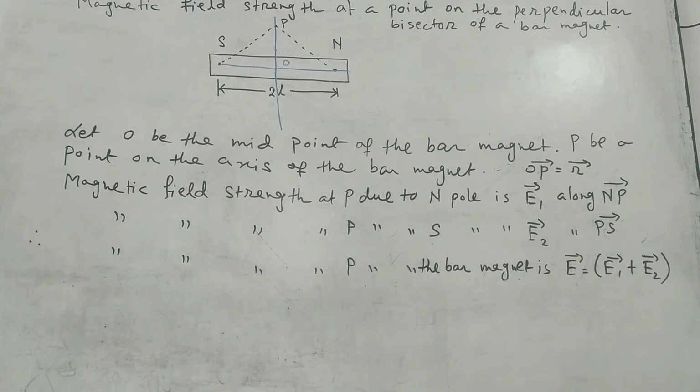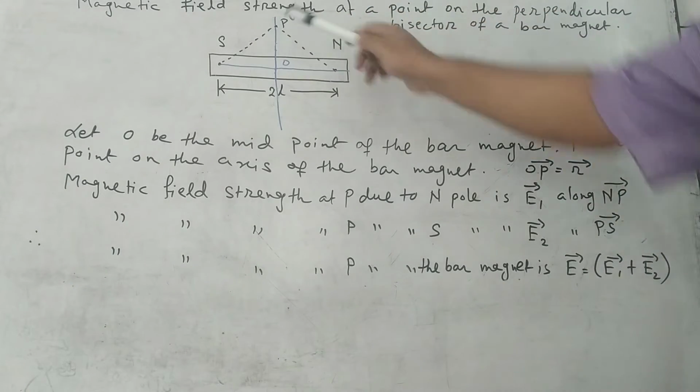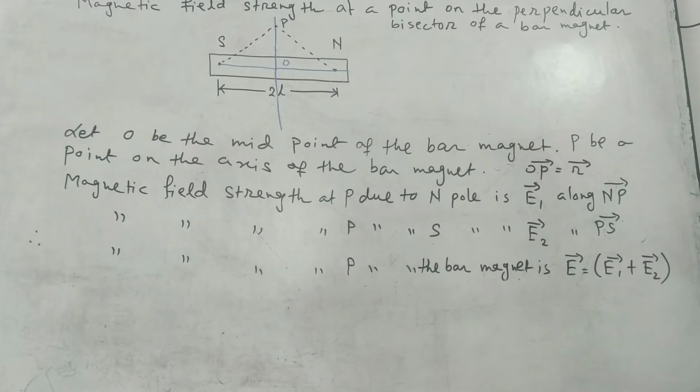OP is equal to R vector. We are to find the magnetic field strength due to the bar magnet at the point P. This is also known as the equatorial position or the broadside on position of the bar magnet.